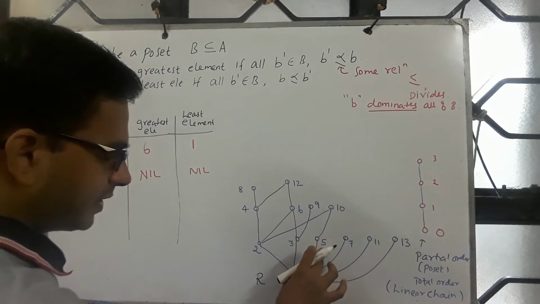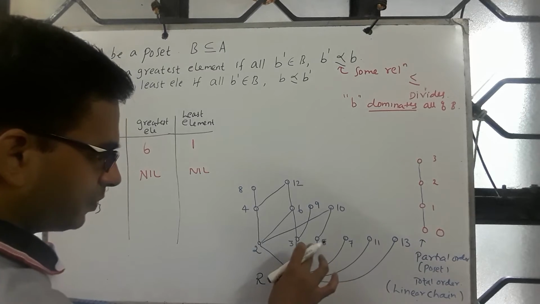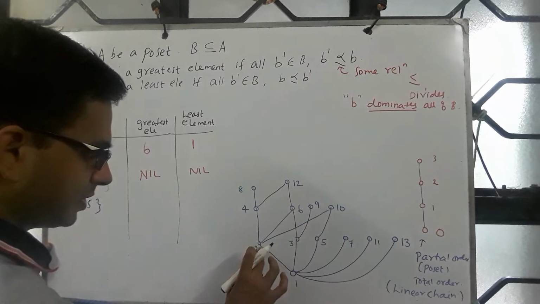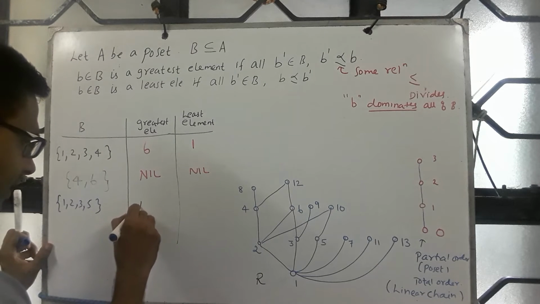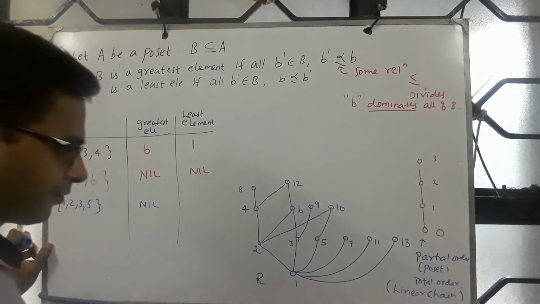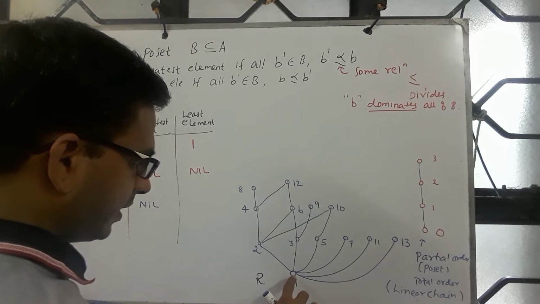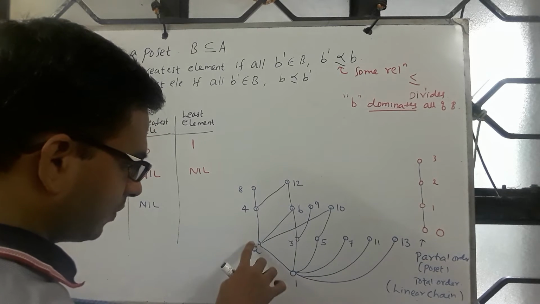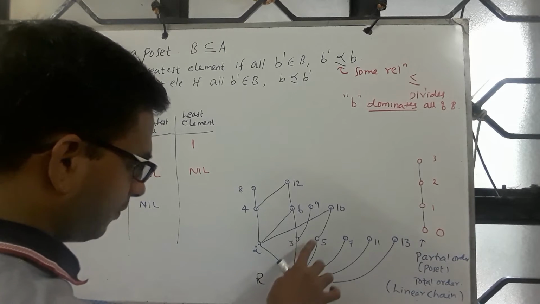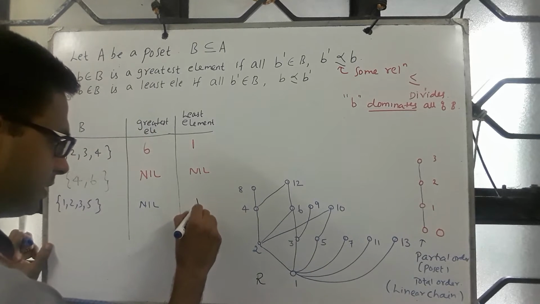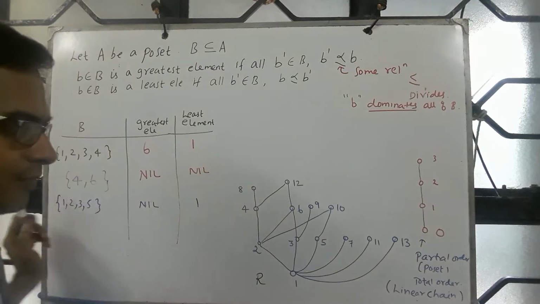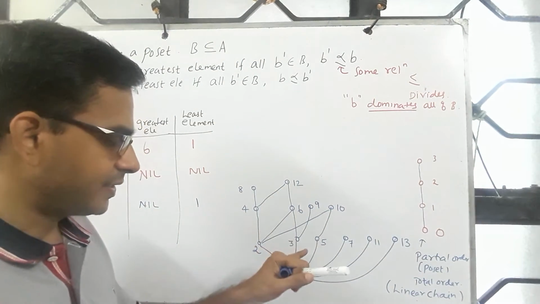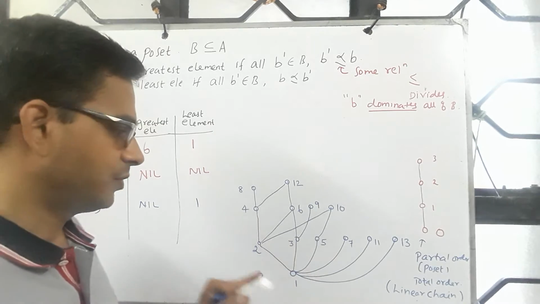Can 5 be a greatest element? No. There is no relation between 3, 5. So this cannot be greatest, this cannot be greatest. So greatest is nil. And here is an element which is dominated by all of this. 1 is related to 1, 1, 2, 1, 3, 1, 5. So the least element is 1. So please note both least and greatest elements are from B.